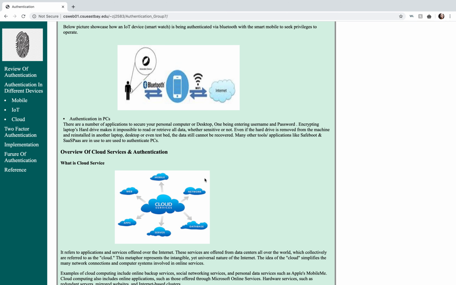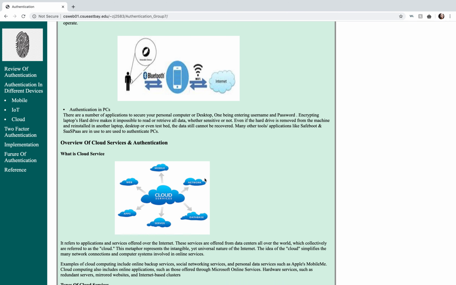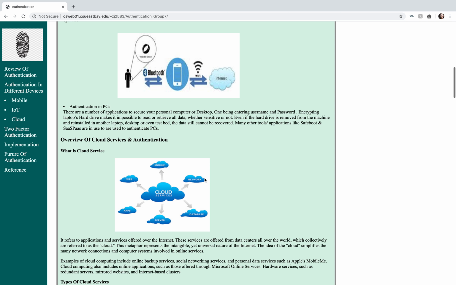Authentication in PCs: computer devices are nowadays more securely maintained, and more authentication is required because all applications are accessed from the computer. There are numerous authentication techniques for PCs.